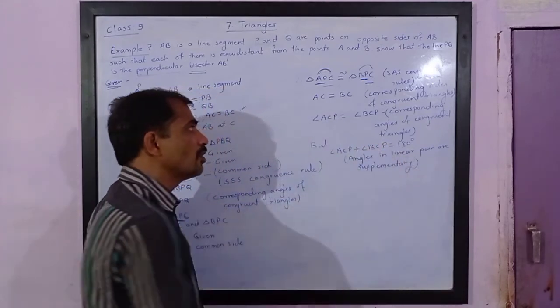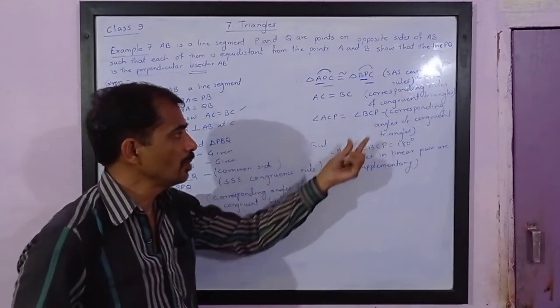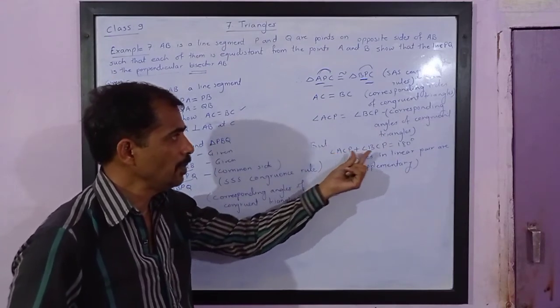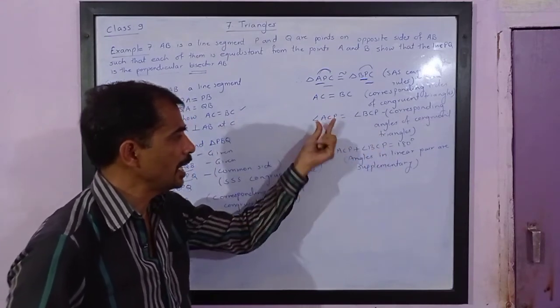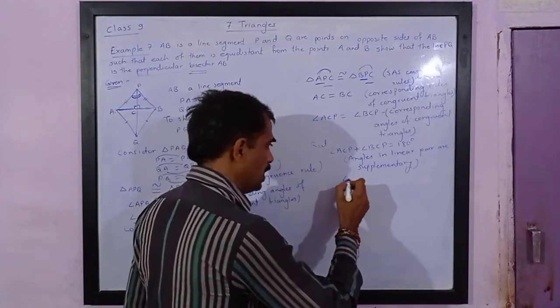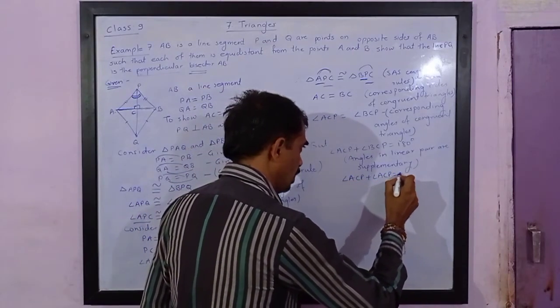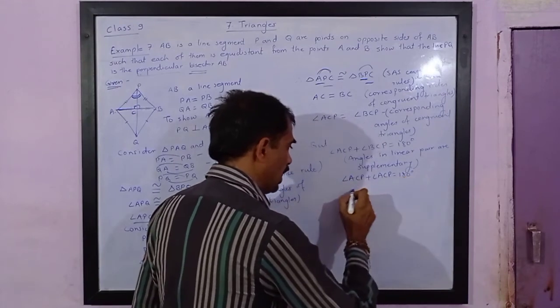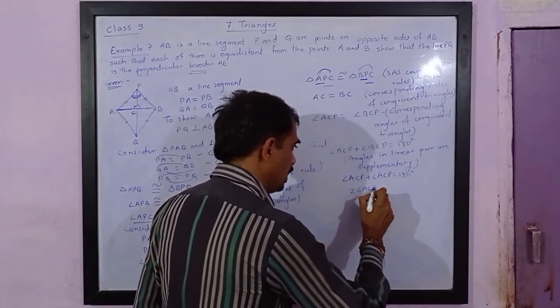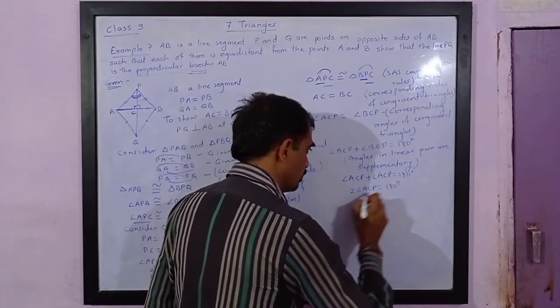But ACP is equal to BCP, so instead of BCP I can write ACP. I will get ACP plus ACP is equal to 180 degrees. So I will get twice angle ACP is equal to 180 degrees.